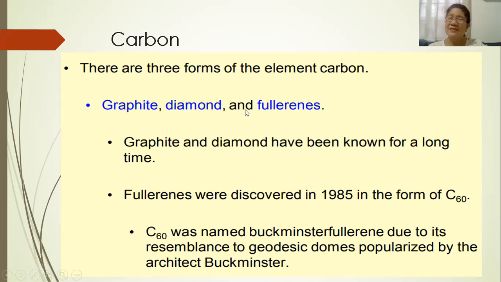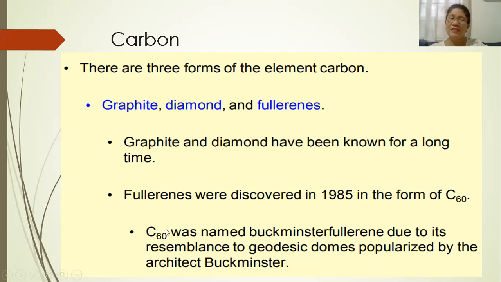Fullerenes is the latest. Graphite and diamond are the old discoveries of forms of carbon, and fullerenes was discovered in 1985, in the form C60, meaning 60 carbons linked together.